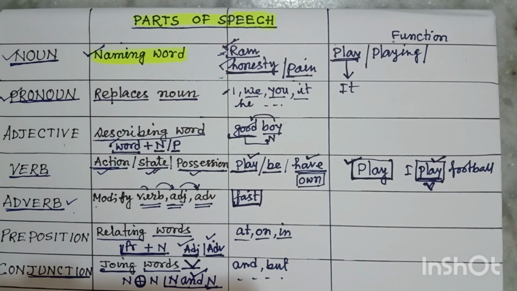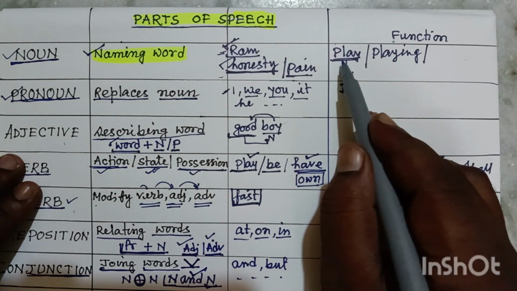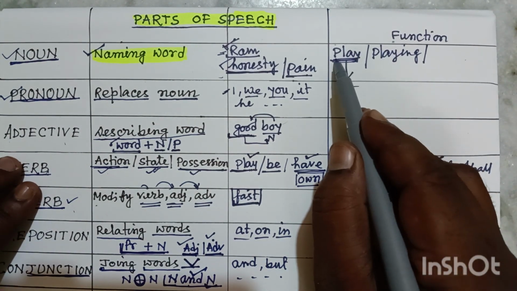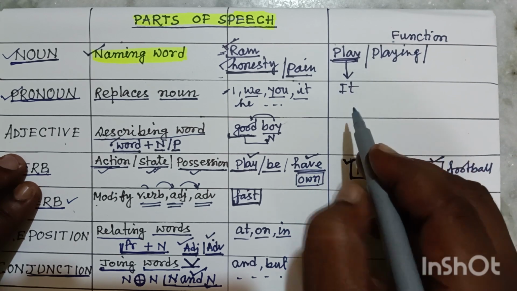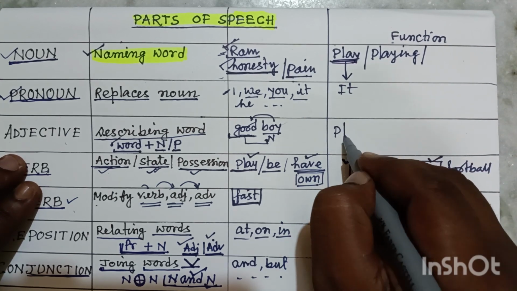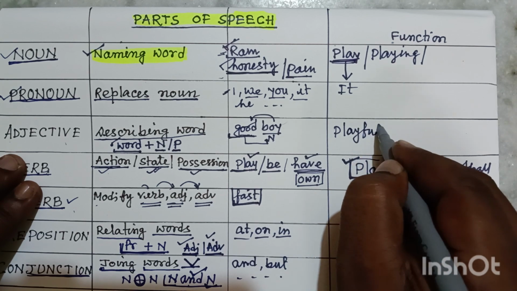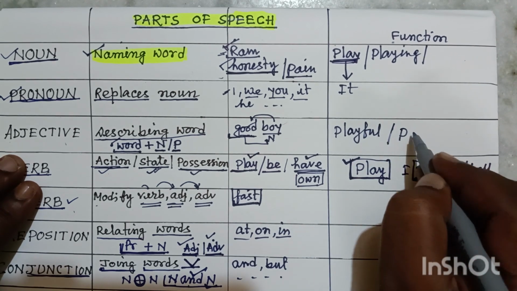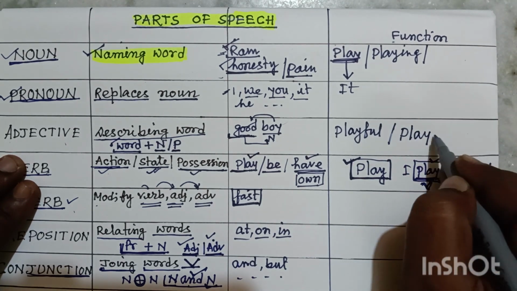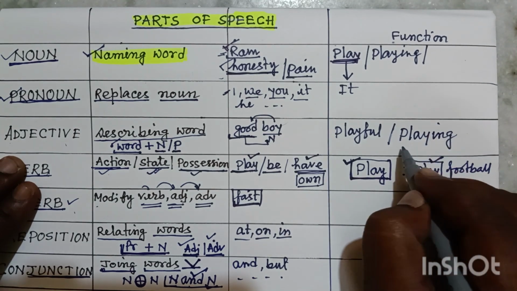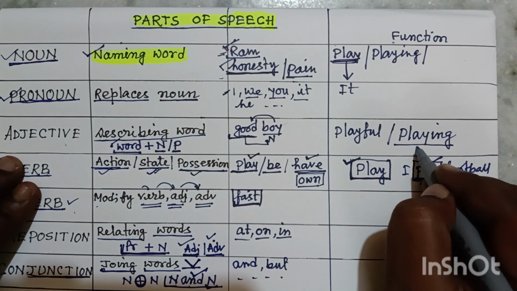Now, this form, another derived form of play, may be used as an adjective. Playful, and even the word playing, may be used as an adjective.